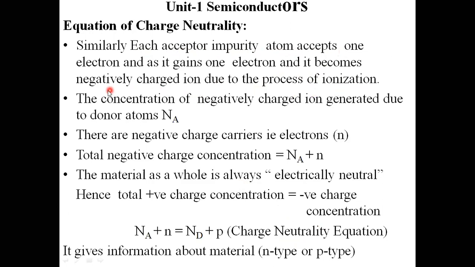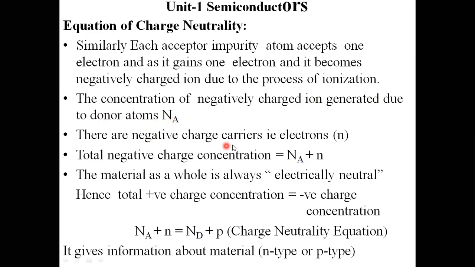The concentration of negatively charged ions generated mainly because of the acceptor atoms is Na. Sorry, this needs to be replaced here: acceptor atoms Na.